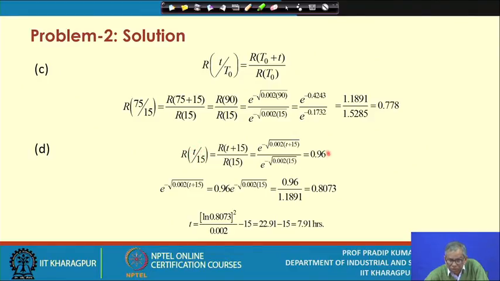That means you want the reliability to be 0.96. So for which time period is this applicable? What you find is that this is just 7.91 hours.